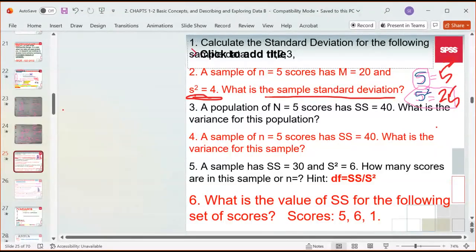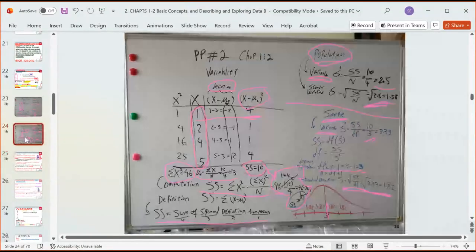So you see, now you've got to go back and look at that formula. You have an SS, and your DF is 4. Right there, variance.